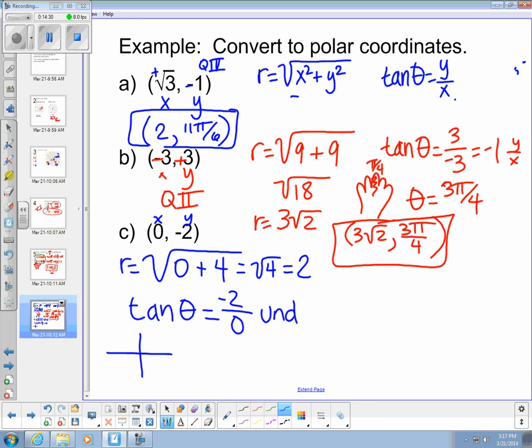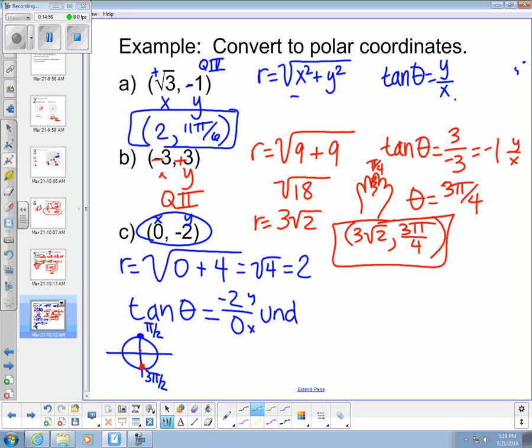And there are 2 places on the unit circle where tangent is undefined, because I need my x to be 0. This is y over x. So to get x to be 0, that can either happen at pi over 2 or 3 pi over 2. Now how do I know which one to use? Well, look at the point that you were given, 0, negative 2. If I were graphing that in rectangular coordinates, I would go down 2 units.